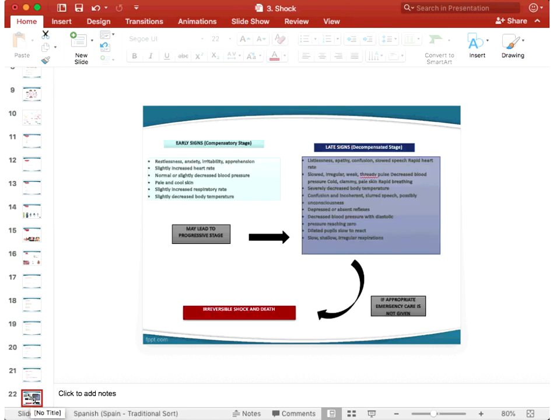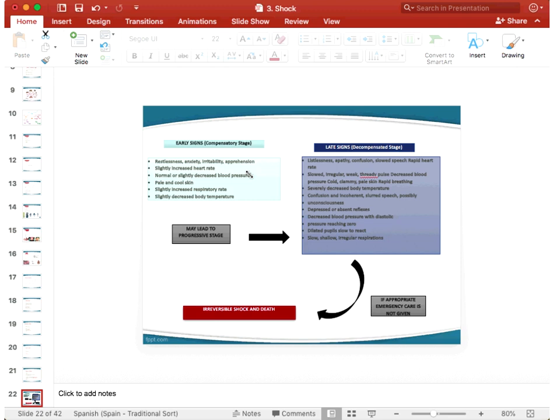So the early signs, which is the compensated stage: your patient is anxious, irritable, may be looking pale, with a tendency to have an elevated heart rate. Tendency, not tachycardic, but tendency.